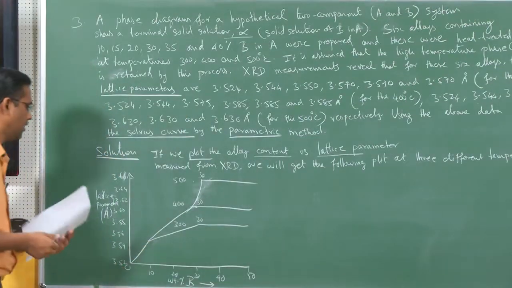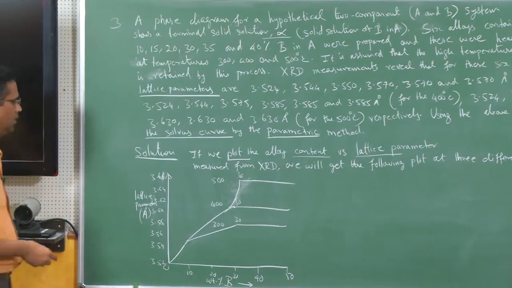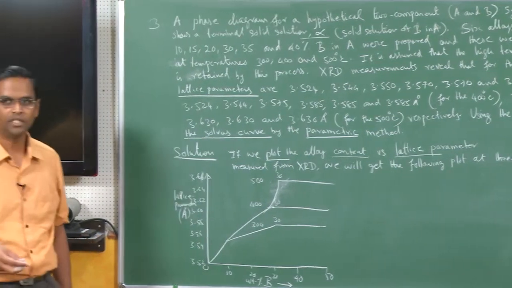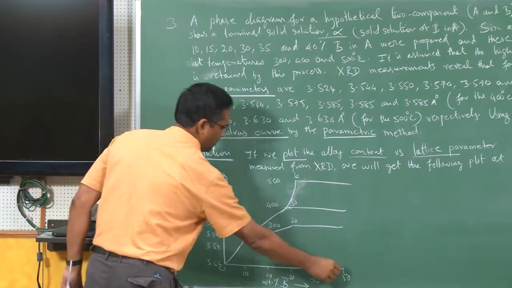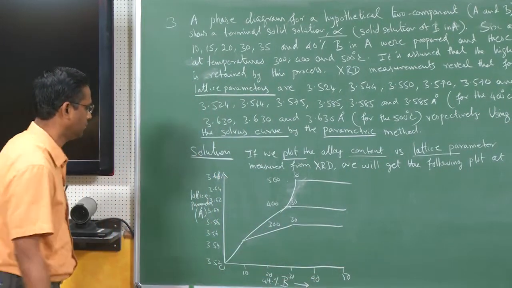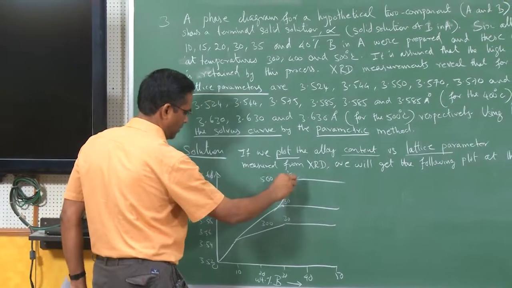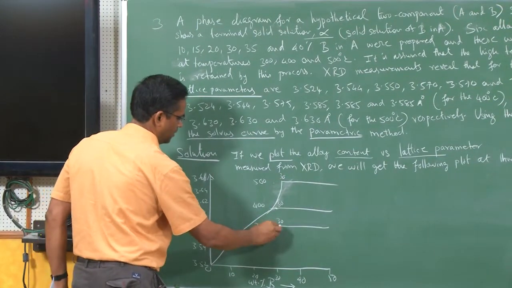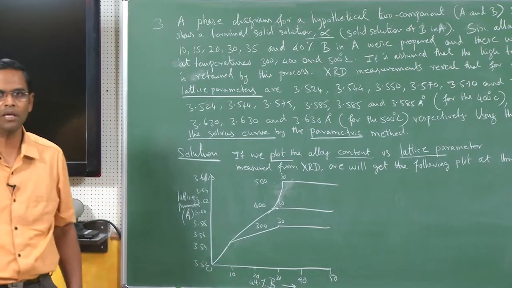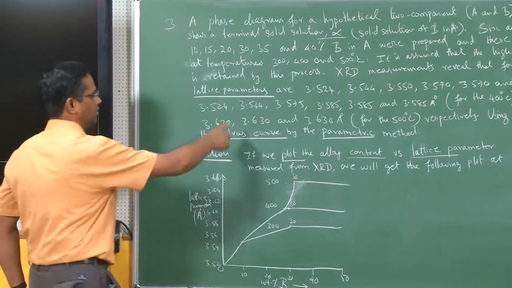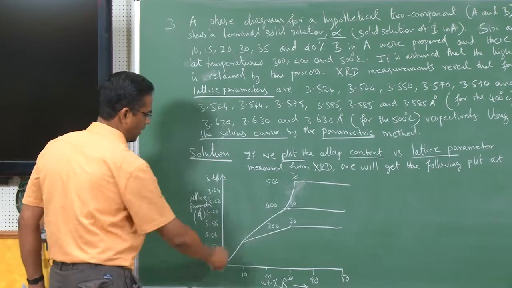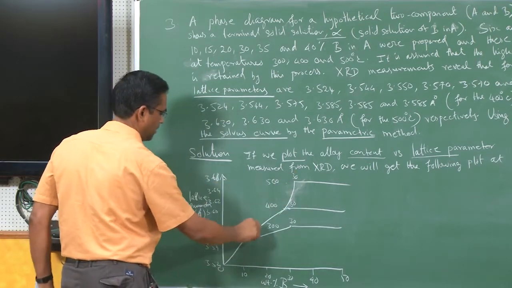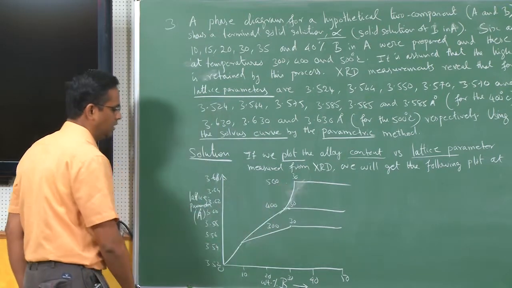If you actually use this data and put it in an Excel plot, it will appear something like this. I have drawn it as a schematic, but if you actually plot these values, you will get a nice straight line kind of. It may not be a straight line, but at least a linear segment you will see.